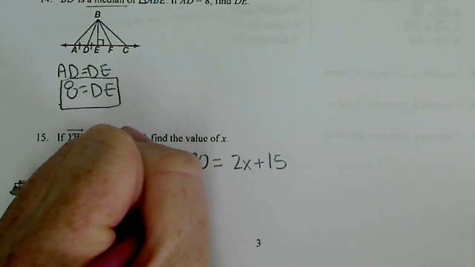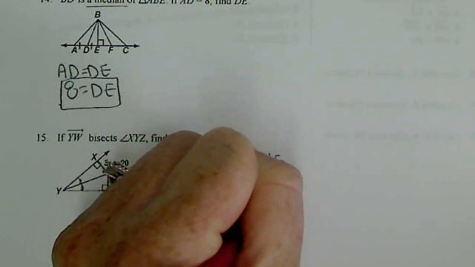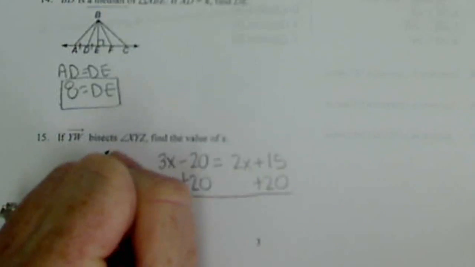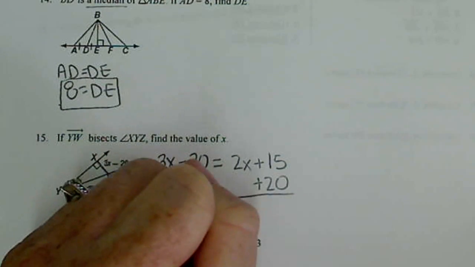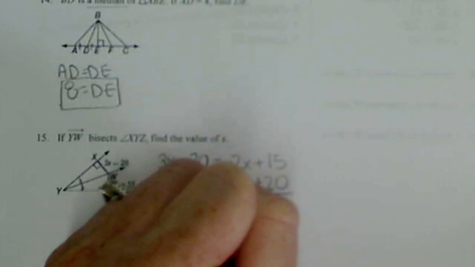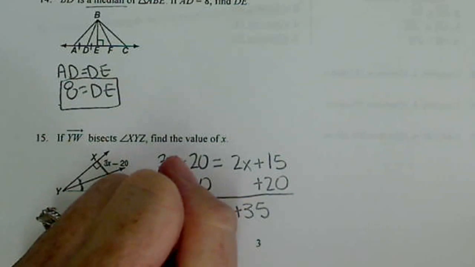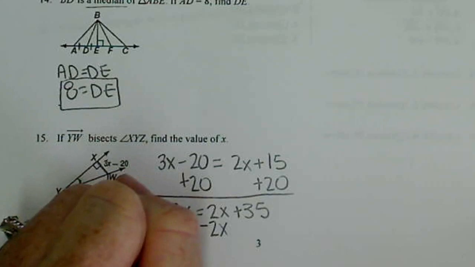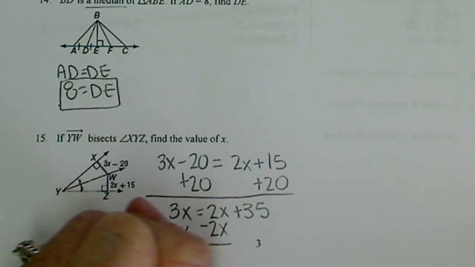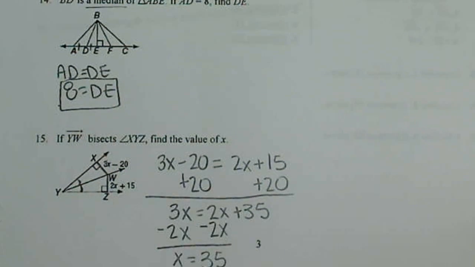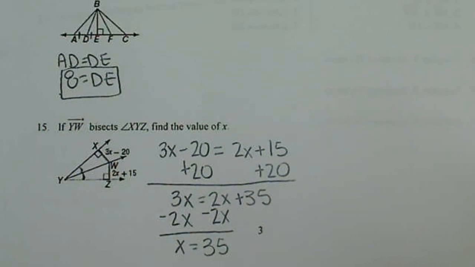Solve for x. Add 20. Minus 2x. And is that what we wanted to find? Yes. There's our answer.